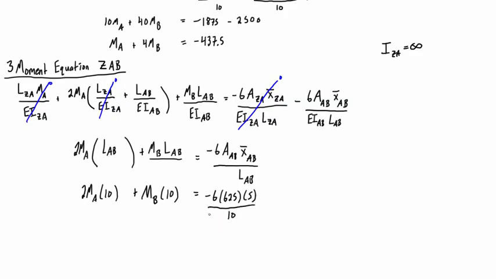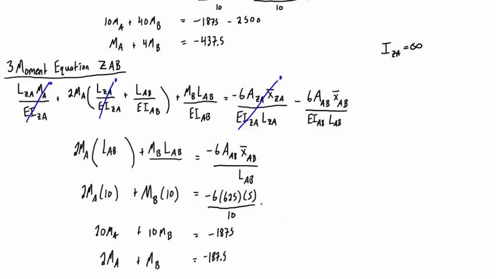If we simplify this, we get 20MA plus 10MB equal to negative 1875. Then we can reduce that again, and we get 2MA plus MB equal to negative 187.5.